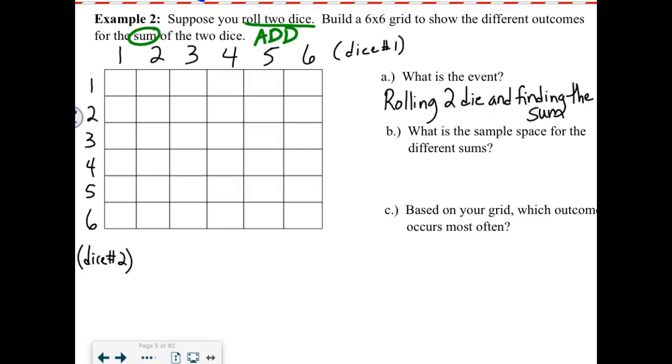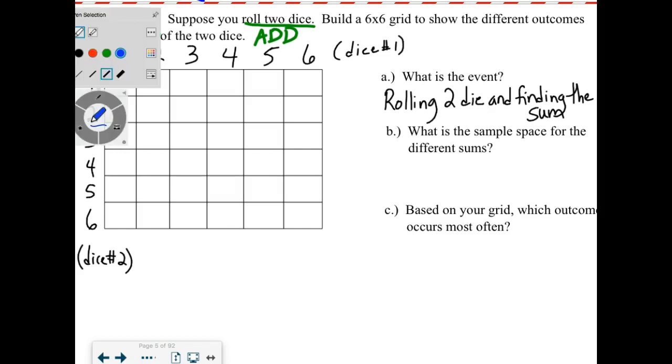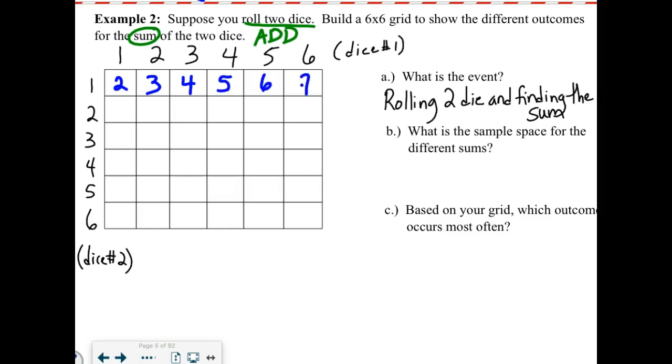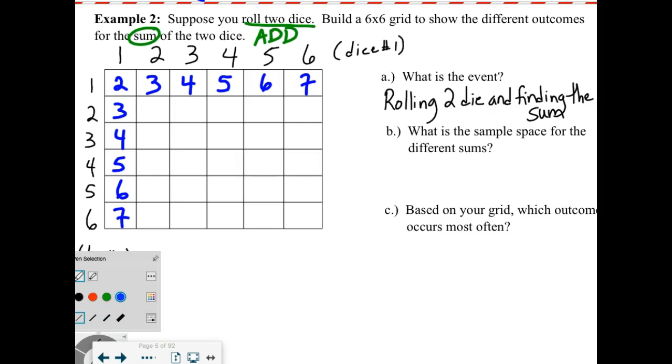I want the sum. So I'm going to fill in the sum. 1 and 3 is 4, etc. What happens going across the table is also going to replicate down. It's also going to give me the same totals. All right, please pause and fill out the rest of the grid, and then we'll come back.